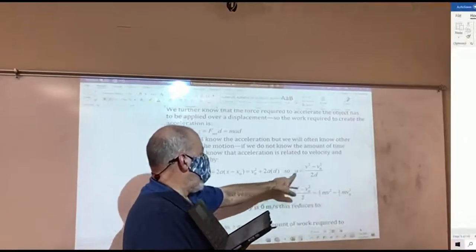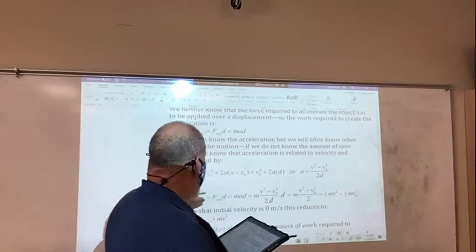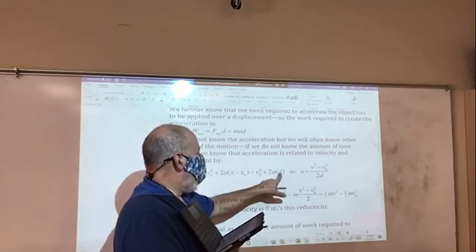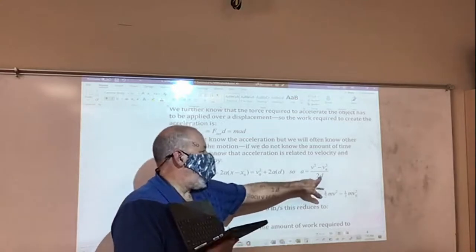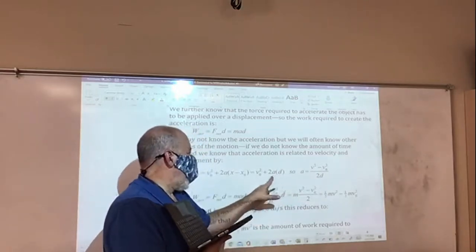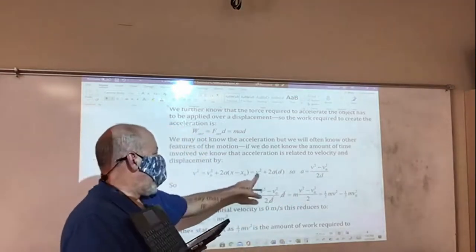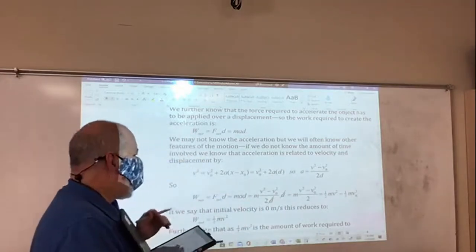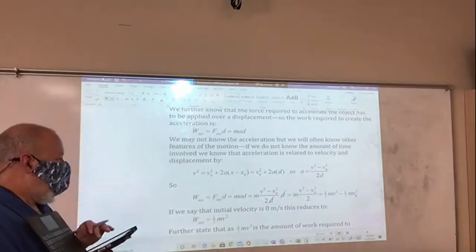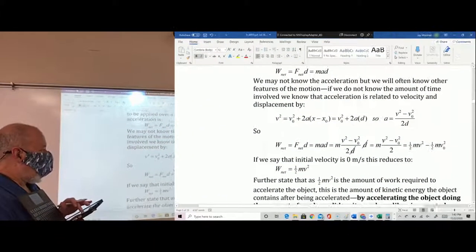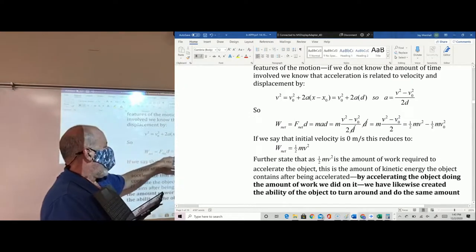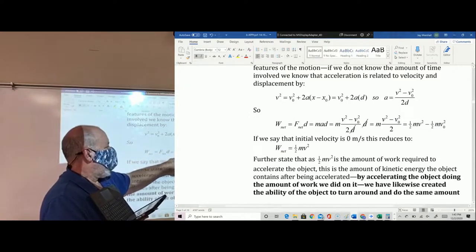So acceleration is going to equal v squared minus v0 squared over 2d. So if I isolate a from this equation here, I subtract v0 squared, that's on top, I divide by 2d, and acceleration equals that. And now let's plug that into work equals force times distance equals mass times acceleration times distance.